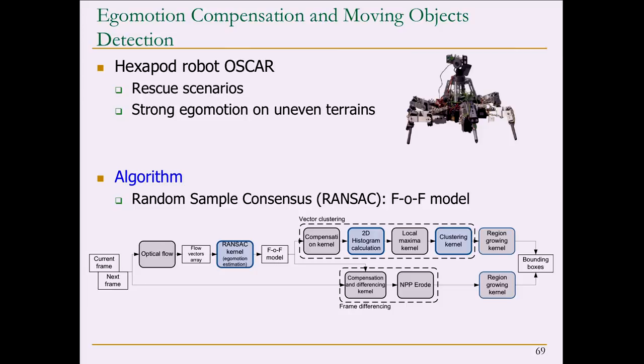I almost don't have time to finish, just 7 minutes, but let's very quickly go through the last case study. This is an example of fine-grained task partitioning. This is an algorithm for ego motion compensation and moving object detection. We don't need to worry about the algorithm.